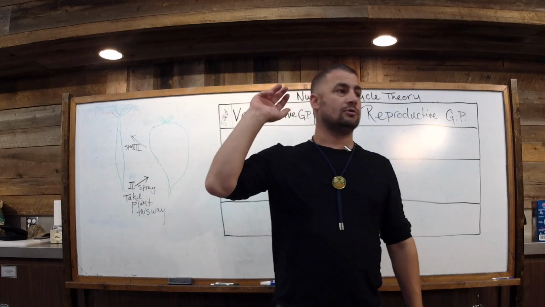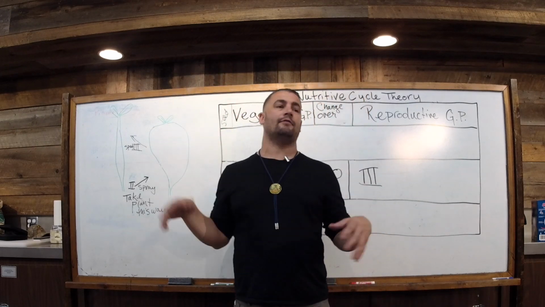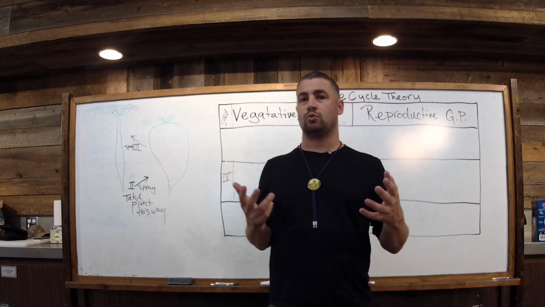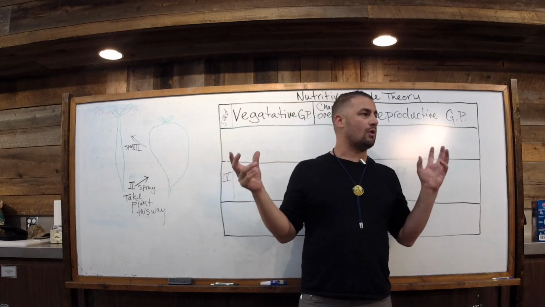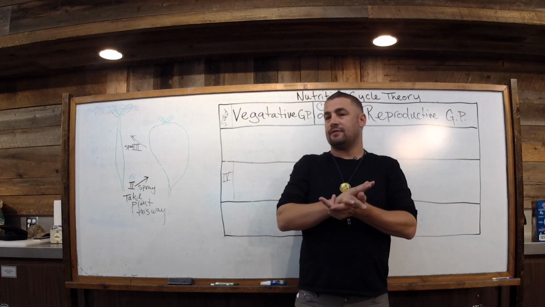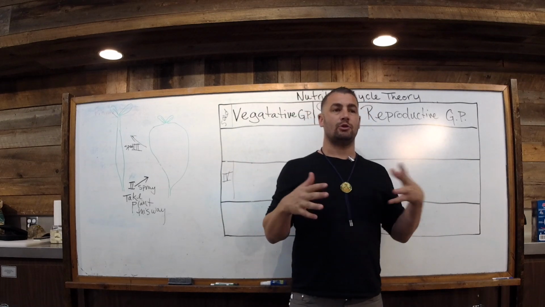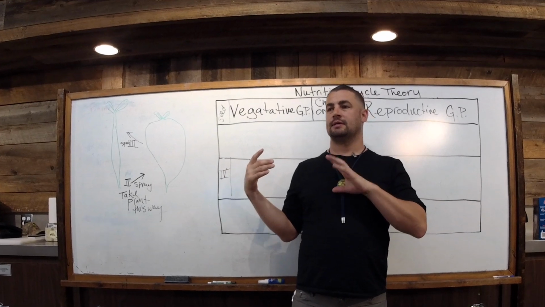If you guys are new to natural farming, if you haven't really been playing with this, maybe you just watched a couple of videos, this is going to seem slightly overwhelming, and I apologize for that. But throughout the week, this will make more sense, okay?